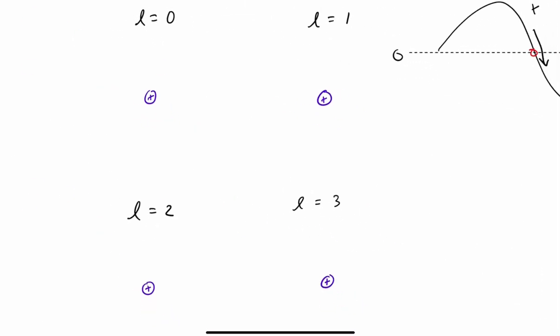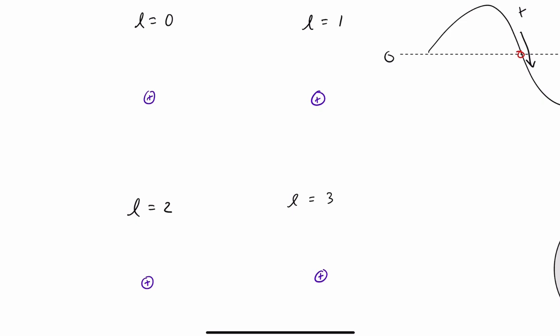So remember, L equals 0 has 0 angular nodes. If we were just to draw the orbital for L equals 0, it would just be a sphere. There's no node, so same sign everywhere. Moving on to L equals 1, we have one angular node. I'm just going to draw that through the center.